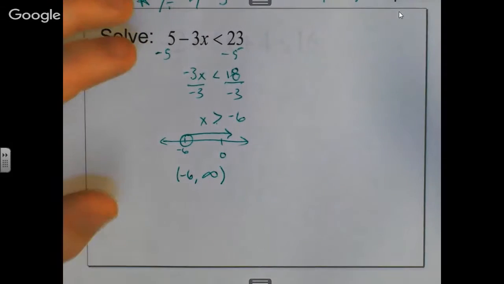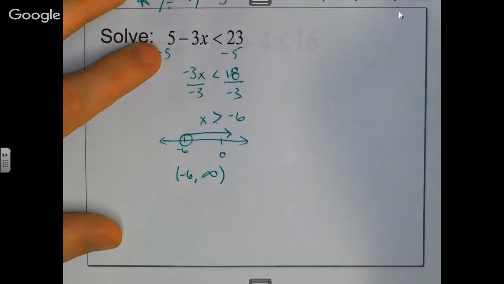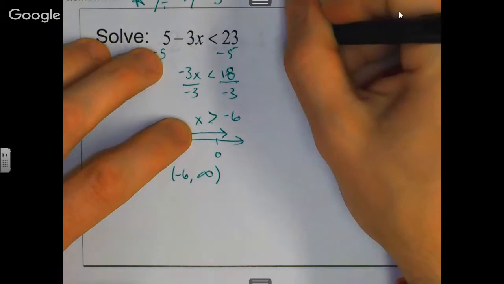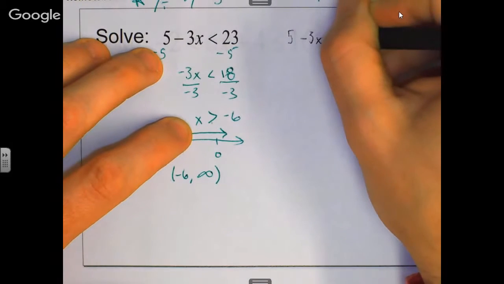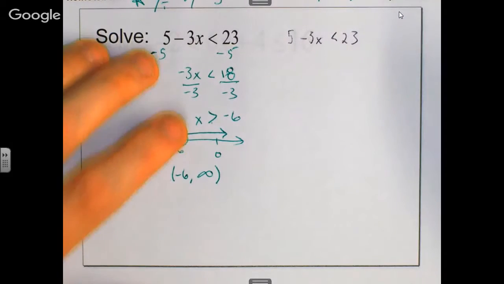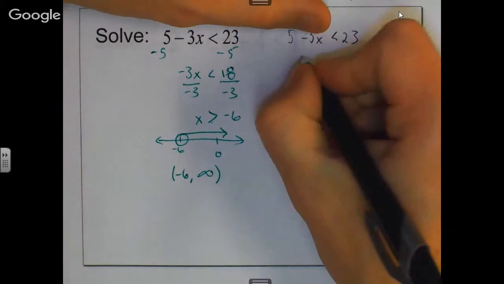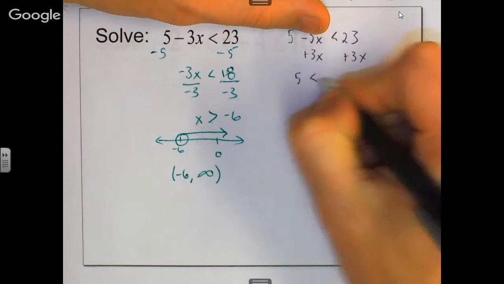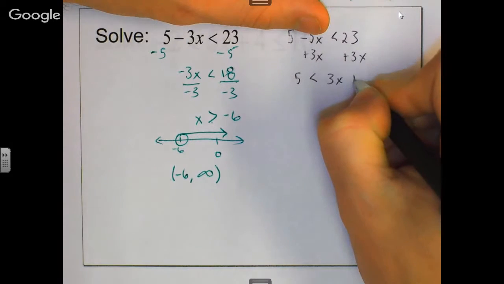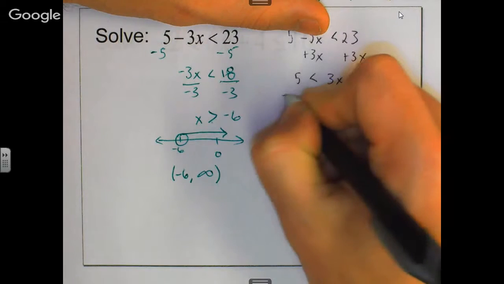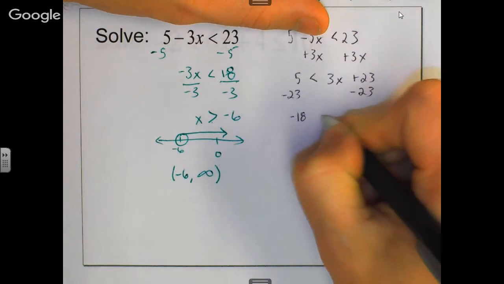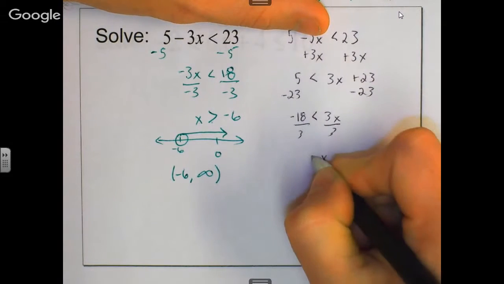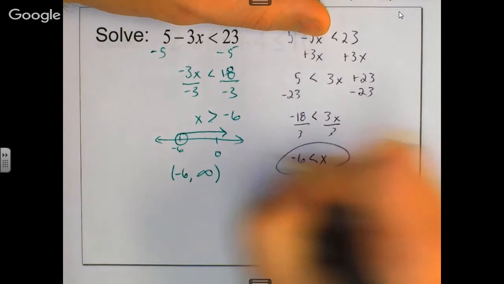Now let's look at this a little bit differently, and let's say I don't want to divide by that negative 3. And this will kind of help us understand a little bit of why we have to flip the direction of the sign. So I need to make this positive. So we will add 3x, and we will have 5 less than 3x plus 23, subtract 23, negative 18 less than 3x, divide by 3, x is greater than negative 6, which we got the same answer, okay?